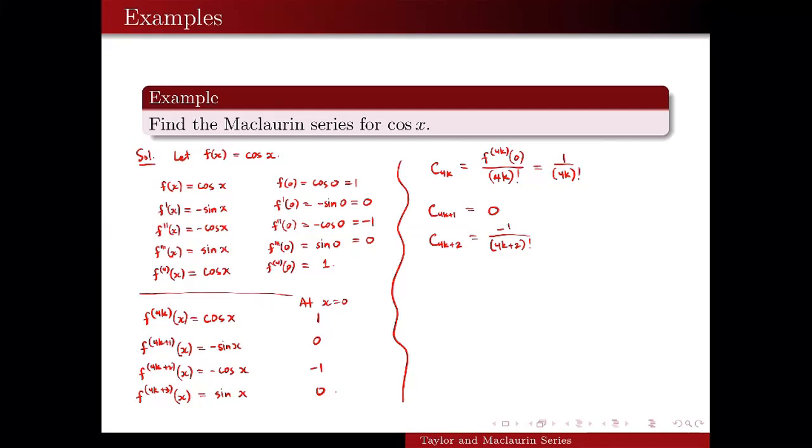That's the pattern. And then let us continue with this. 4k plus 3, that's the subscript. So this will be 0 again.